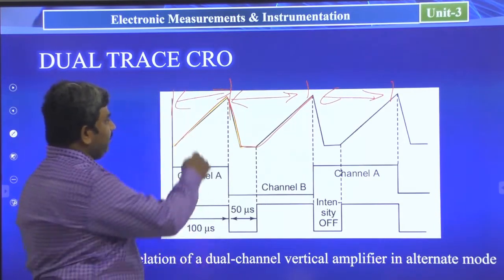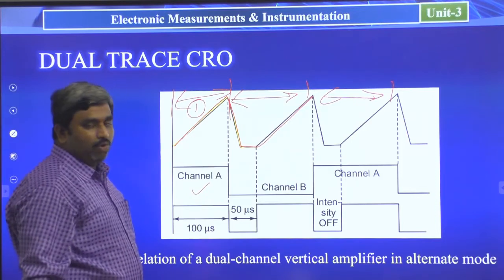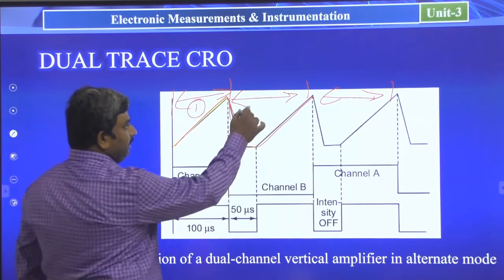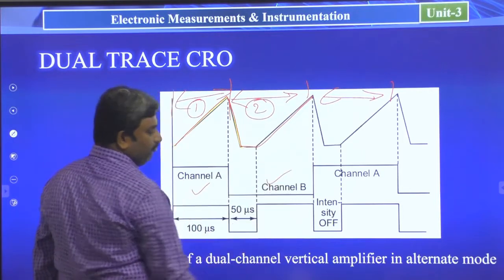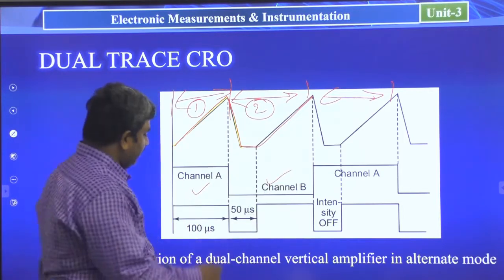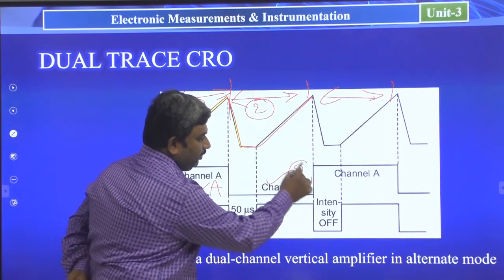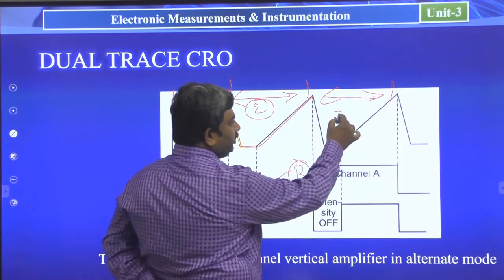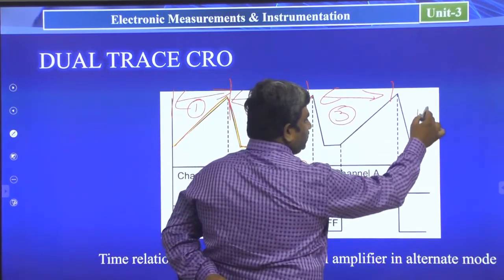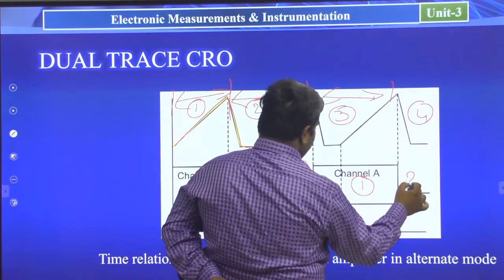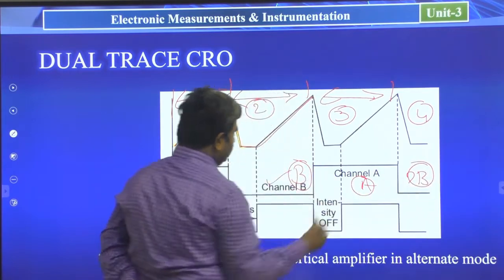In the first sweep period, channel A information is going to be displayed here. In the second sweep period, channel B information is going to be displayed here. In the third sweep period, again channel A information. In the fourth sweep period, again we can see channel B information.